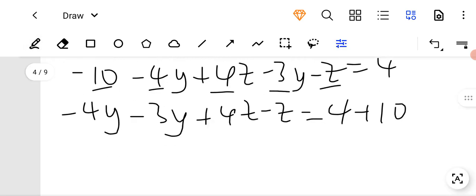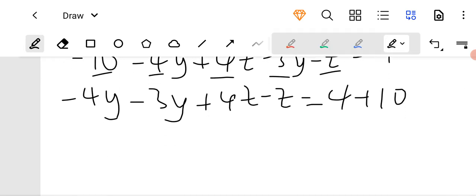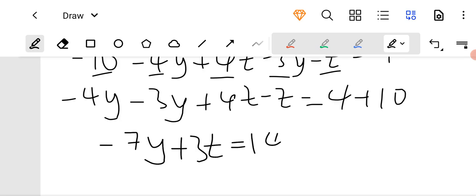Then it's negative 7y plus 3z is equal to 14, which is the fourth equation that we have created.